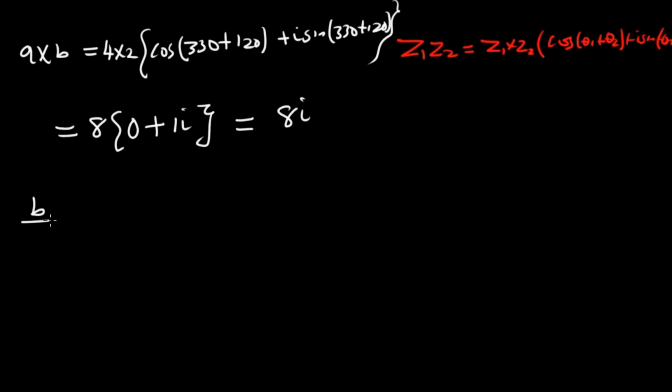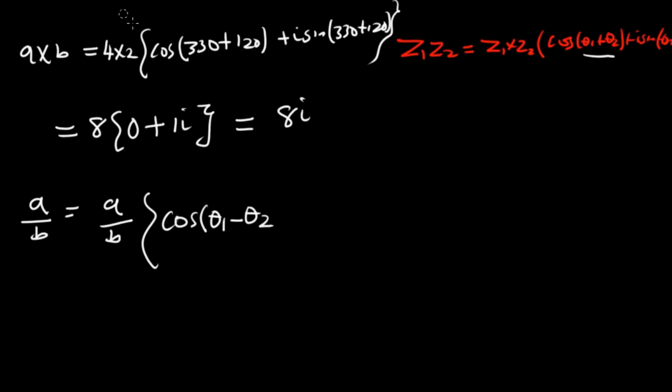Also, A divided by B. So this is going to be equal to A divided by B. So instead of theta 1 plus theta 2, just like we have here, we're going to have theta 1 minus theta 2. I'm going to substitute the values in there straight.